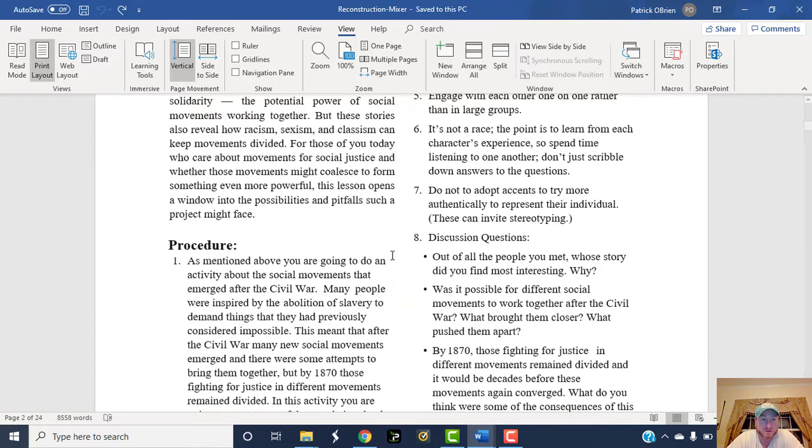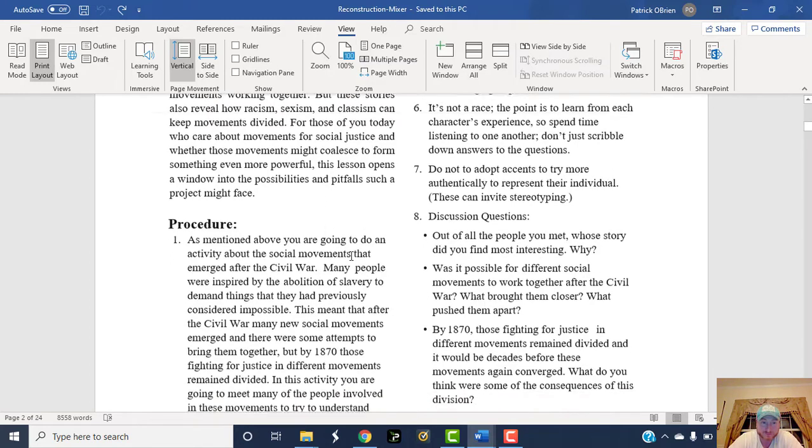But these stories also reveal how racism, sexism, and classism can keep movements divided. For those of you today who care about movements for social justice and whether those movements might coalesce to form something even more powerful, this lesson opens a window into the possibilities and pitfalls, the promises and perils such a project might face.